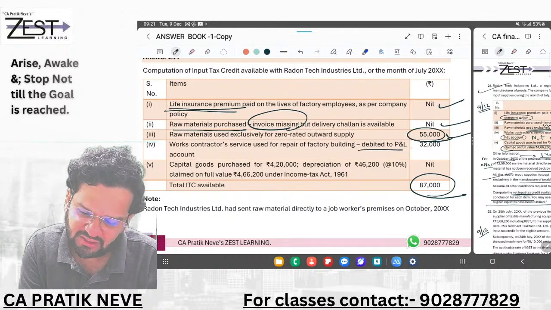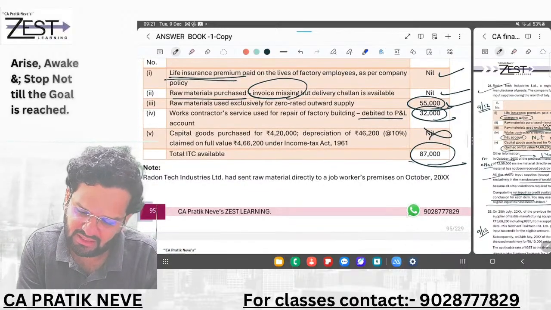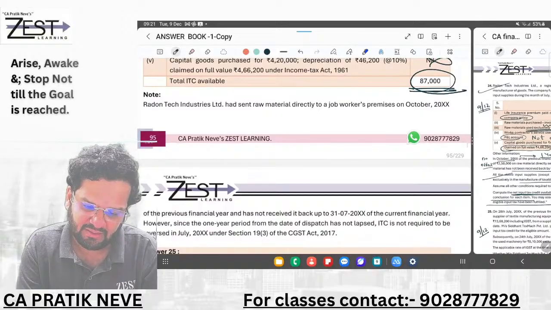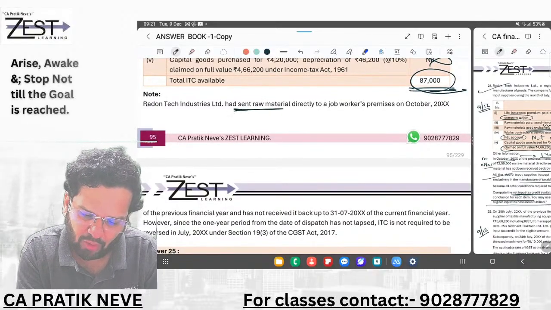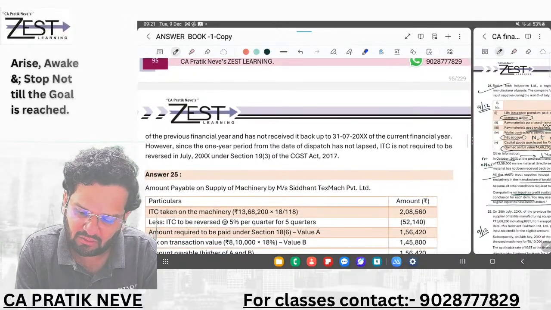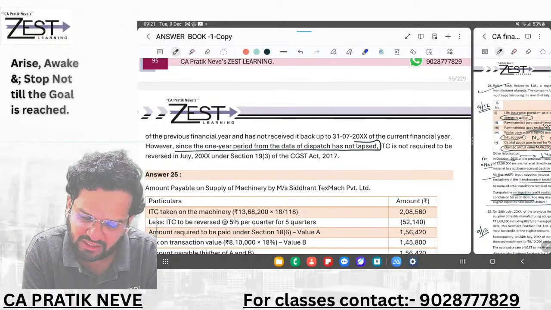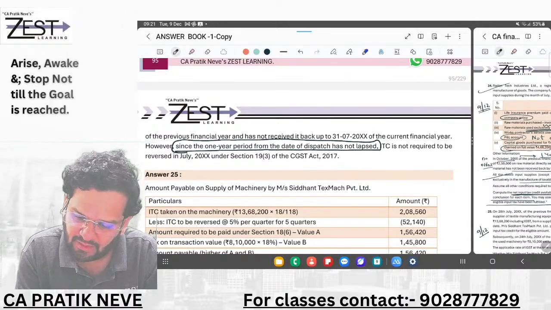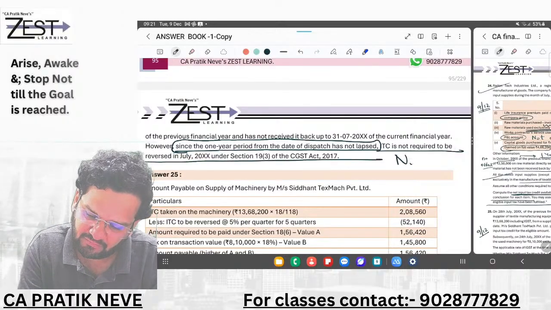Works contract service debited to P&L allowed. This is not allowed. So 87,000 is the answer. And this entity has sent raw material directly to the job worker and has not received it back in the current financial year. Since 1 year from the date of dispatch has not lapsed, ITC is not required to be reversed. That's why no effect.